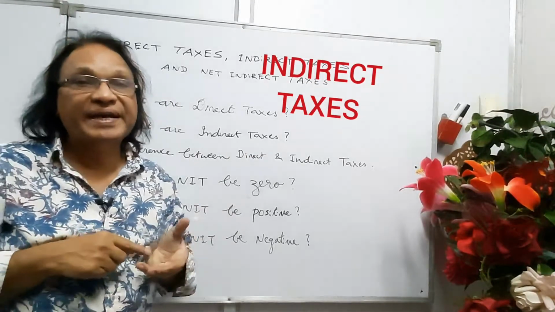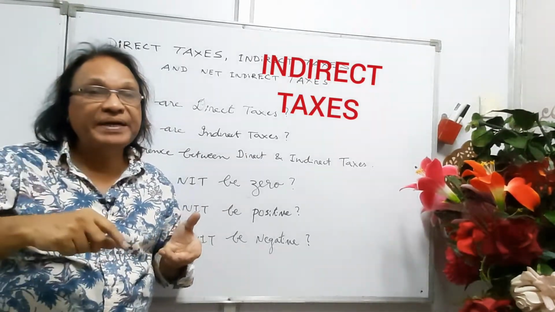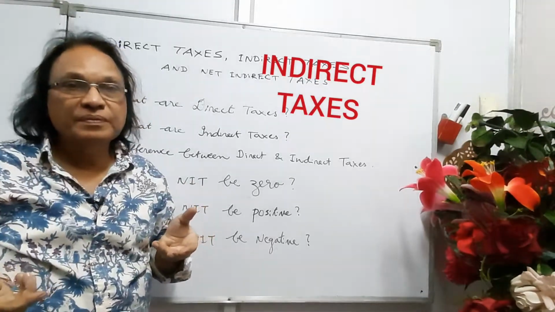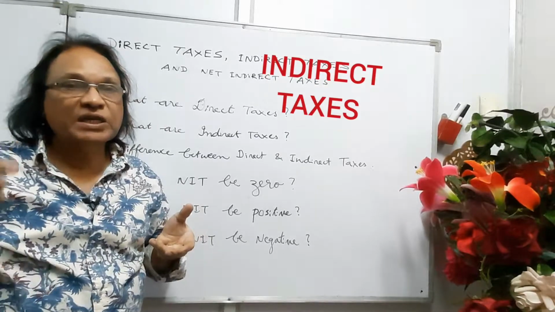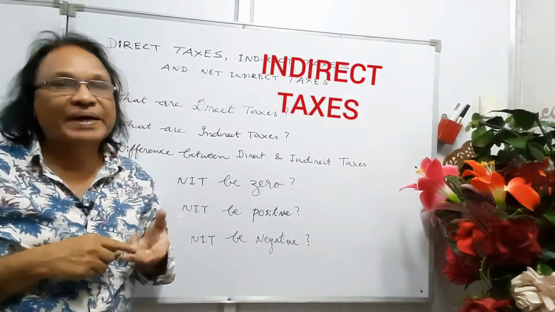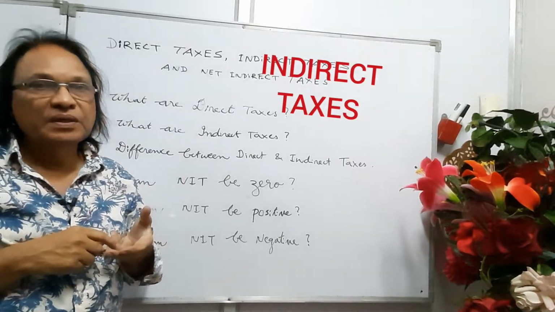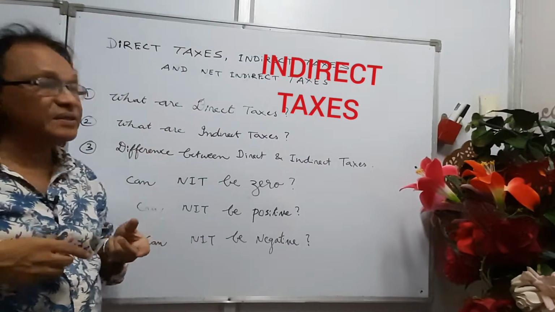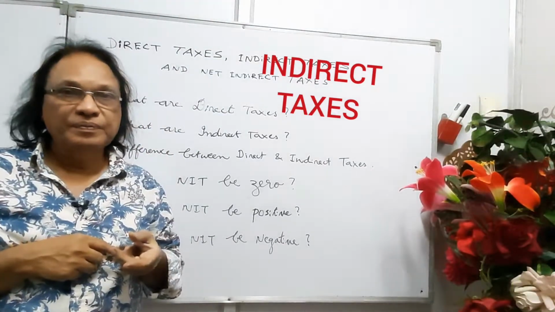In case of indirect taxes, the tax liability and the burden will be on different persons. That is, the tax liability is on the shopkeeper, but he will pass it on to the consumers who buy the product from him. The second point is direct taxes can't be escaped.